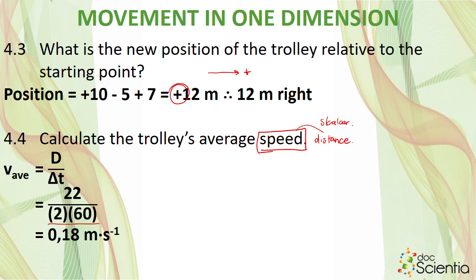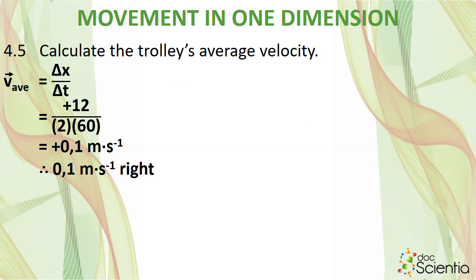Ophou rook, né? Okay. Then for the next one, they ask you to calculate the average velocity. Nou onthou snelheid het te doen met verplasing. Nee, want hulle albei is vektore. Good? So that's why when we do this, we substitute a plus there. Dit maak ons nou nie saak as jy nie jou plus daar ingeskryf het nie, but you need to understand that we still have to work with direction.